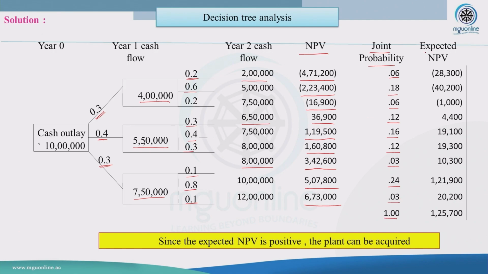Next, we can calculate expected net present value. For calculating expected net present value, we should multiply net present value and joint probability.